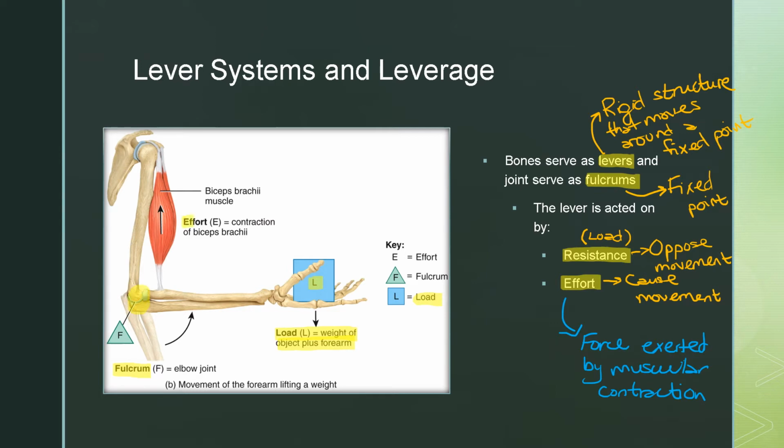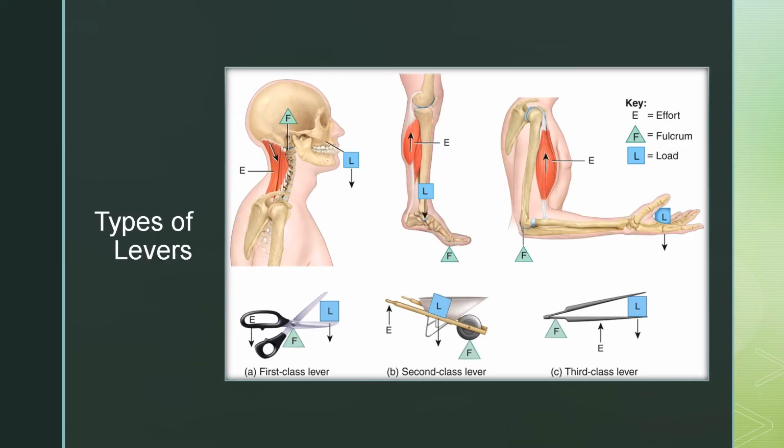And then the effort in this example is contraction of the biceps brachii to move the forearm. Now, the relative distance between the load and the fulcrum and the point at which the effort is applied determines whether a given lever operates at a mechanical advantage or a mechanical disadvantage.